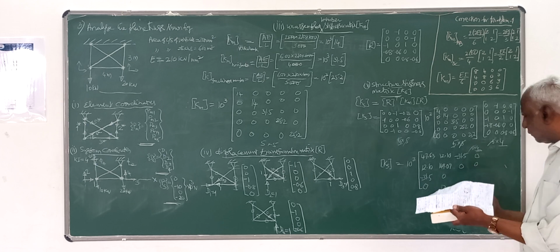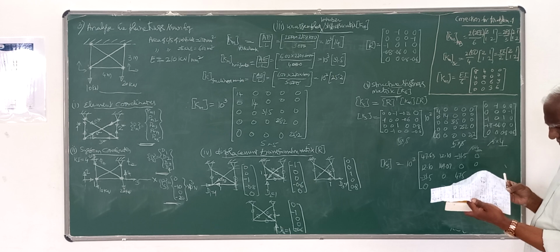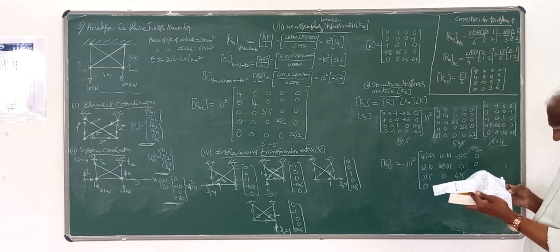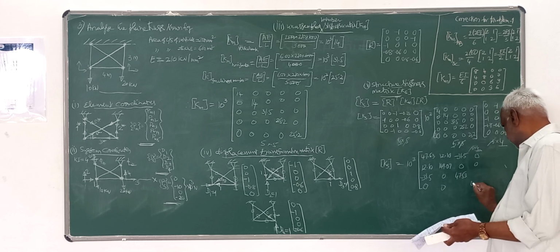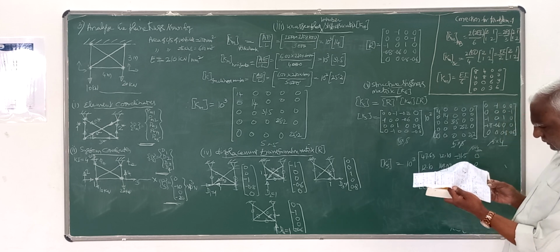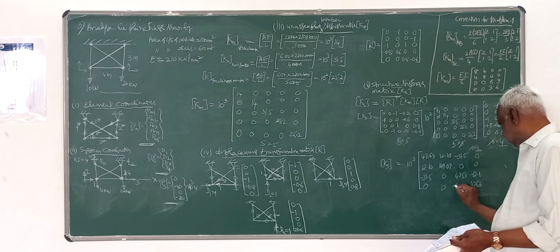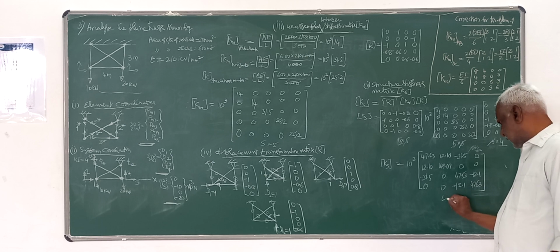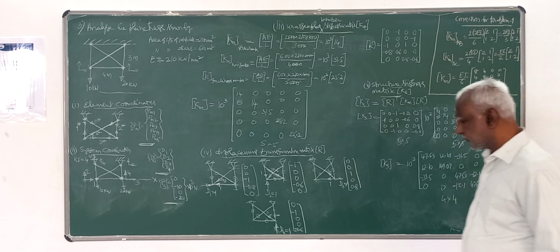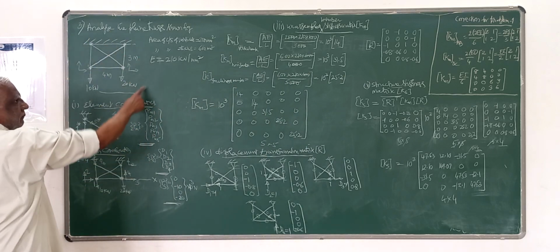Then I have 47.53, and this minus 10.1. This is the 4 by 4 KS matrix for this entire structure.